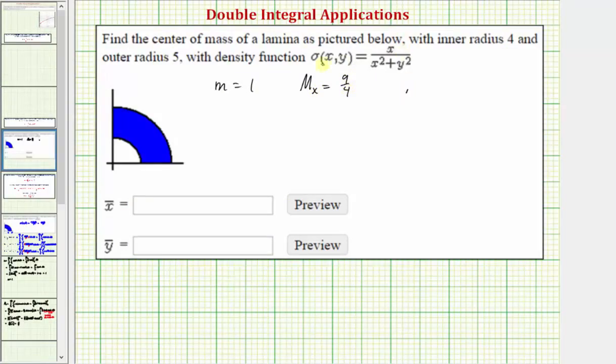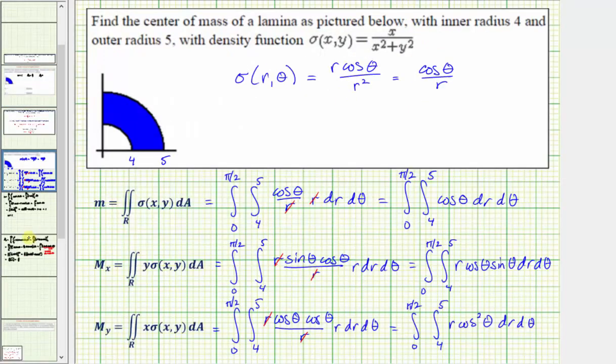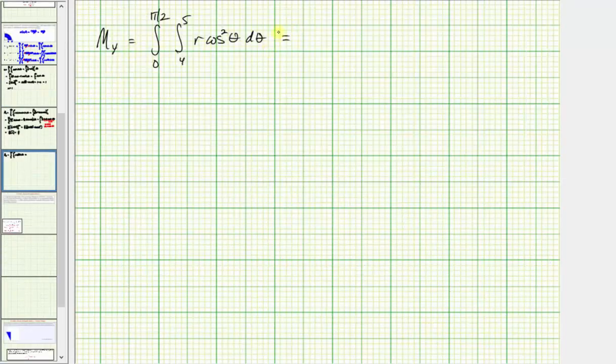And now we need to find the moment about the y-axis. To do this, we'll evaluate this double integral here. So we first integrate with respect to r, which will give us r squared divided by 2 times cosine squared theta. Or if we want, 1/2 r squared cosine squared theta.